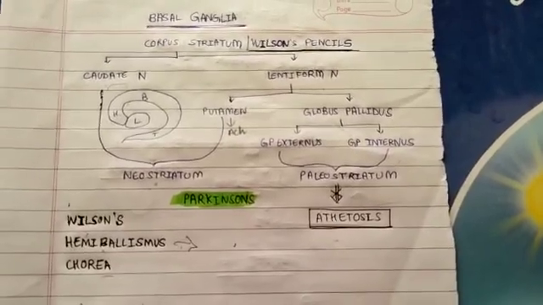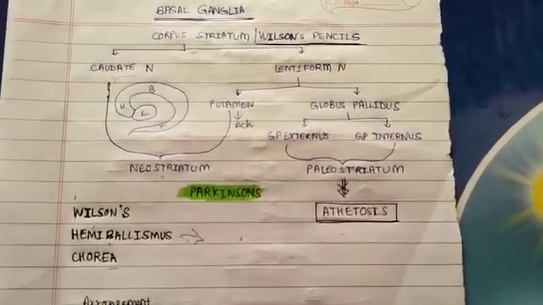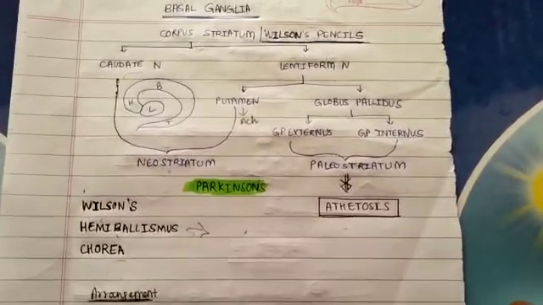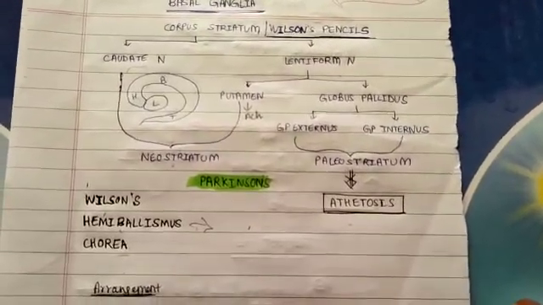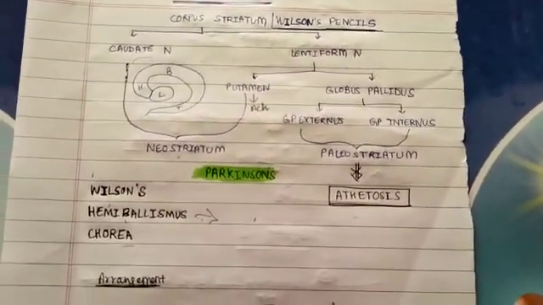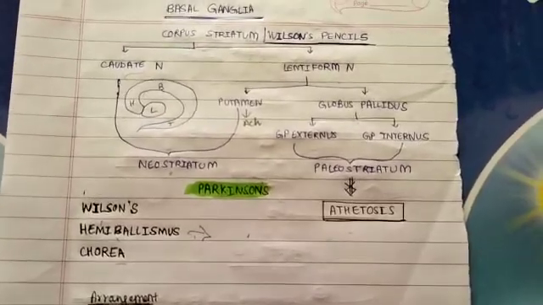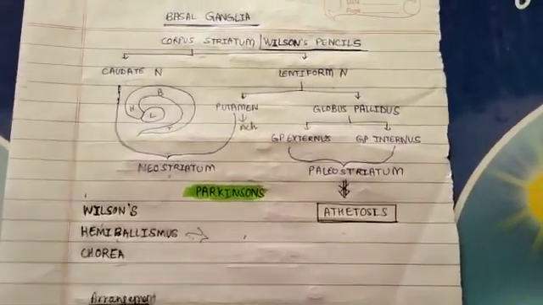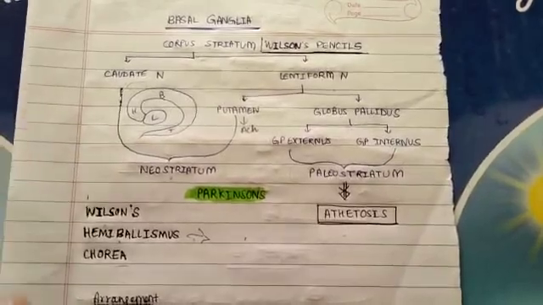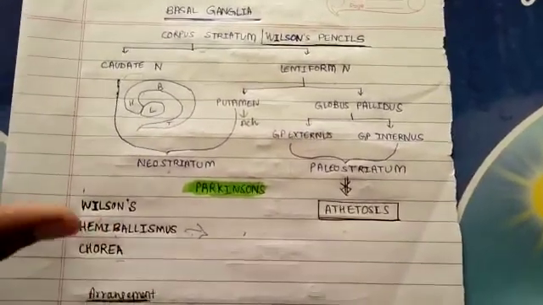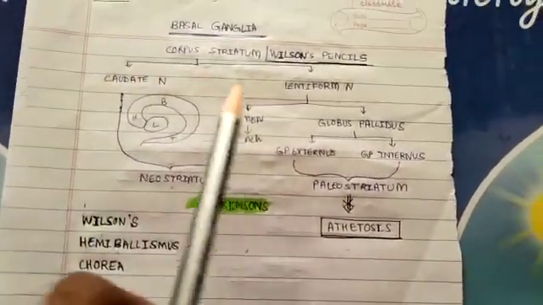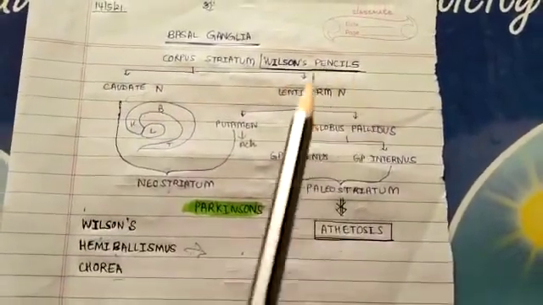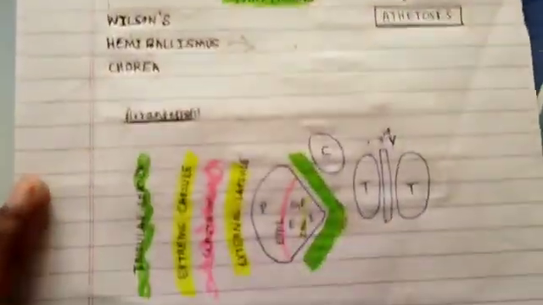So remember Parkinson's features: tremor, rigidity, akinesia and postural instability. Right? So this is in brief about the structure of basal ganglia and some disorders which are related to basal ganglia. Now coming to the arrangement, this arrangement of these parts of the basal ganglia will be asked.